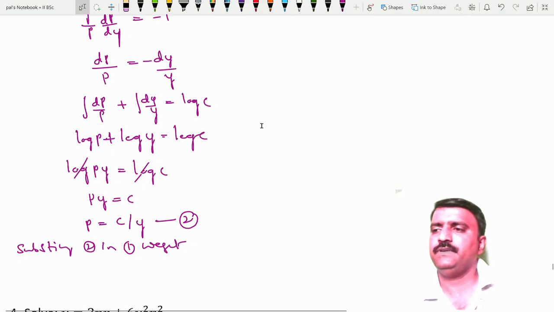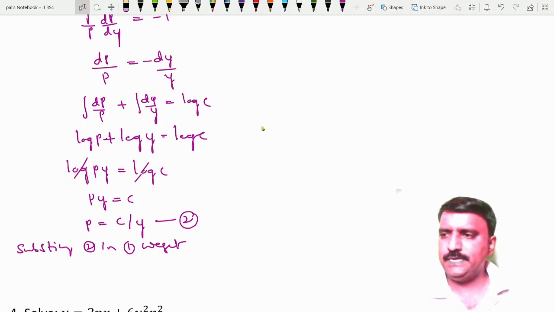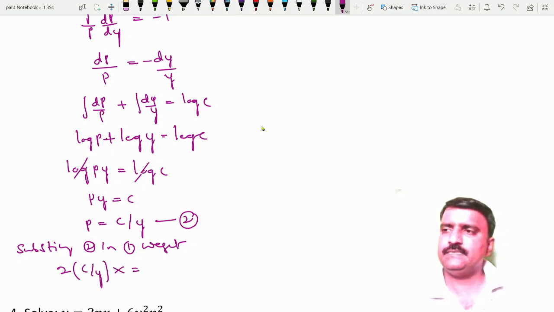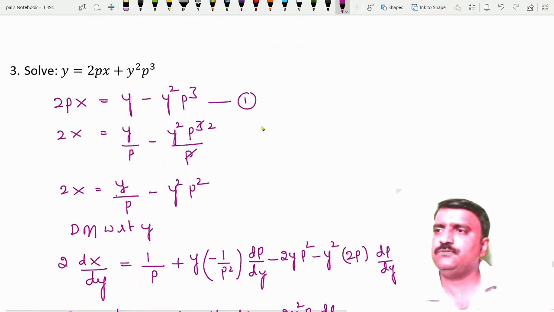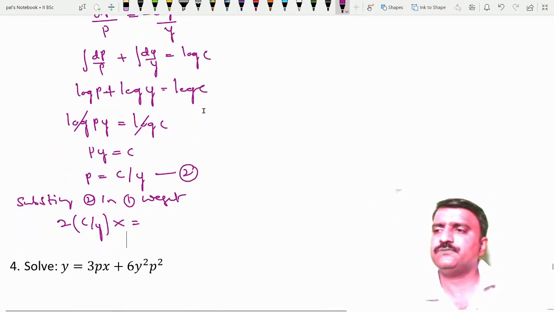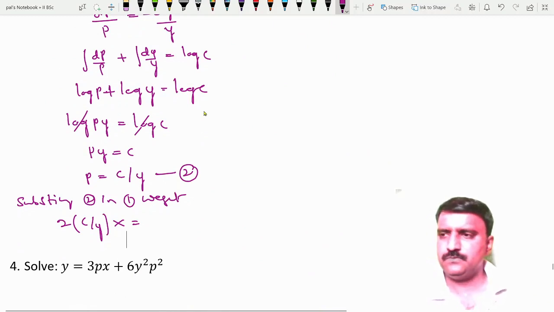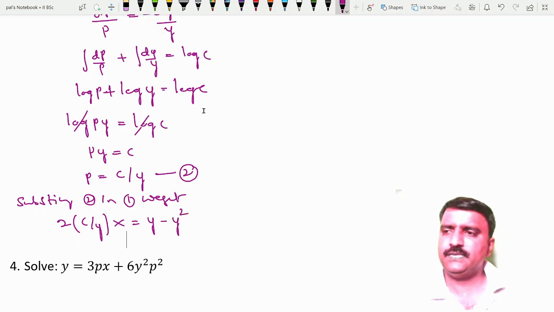Substituting in 1, we get 2px, what is p? P is c by y. 2px is equal to y minus y square p cube. P cube is c by y whole cube.